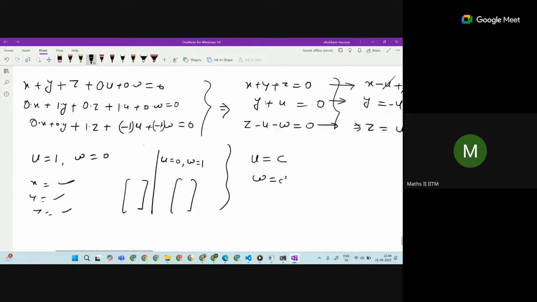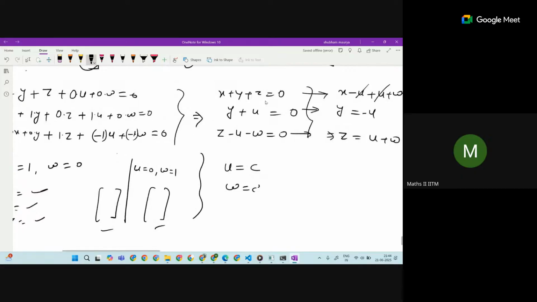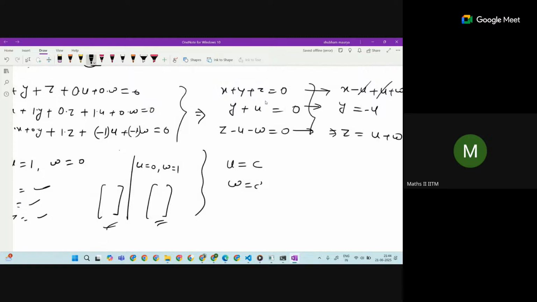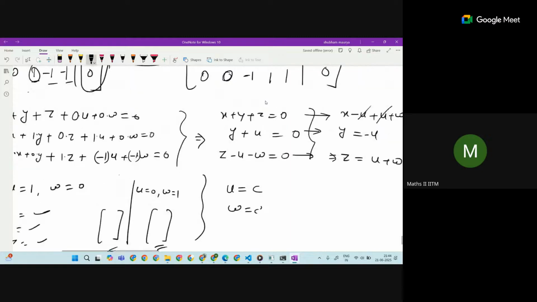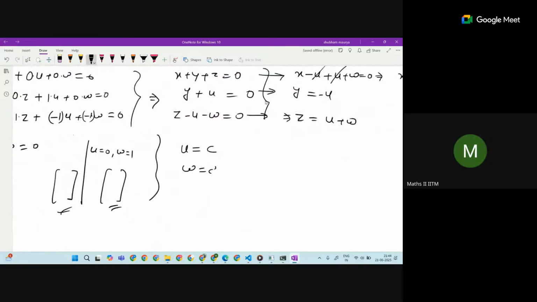So the free variable means independent variable tells you that you will get two vectors independently, and these two vectors are going to be the basis, so the dimension is going to be 2. Otherwise, it is a good practice to write like this, in a more organized way.